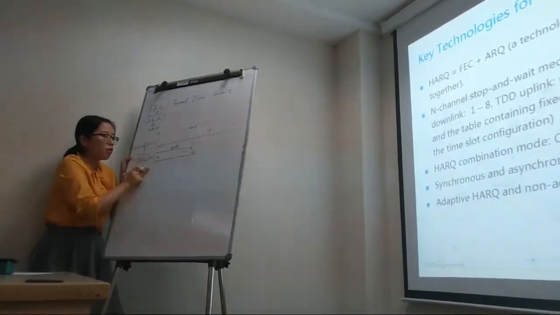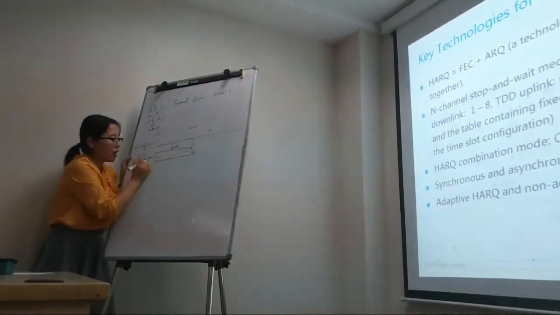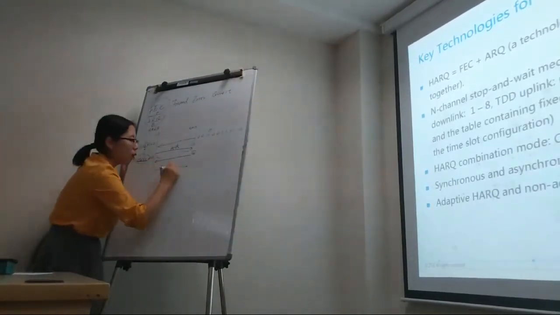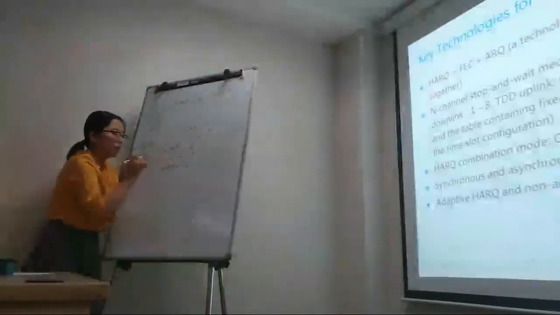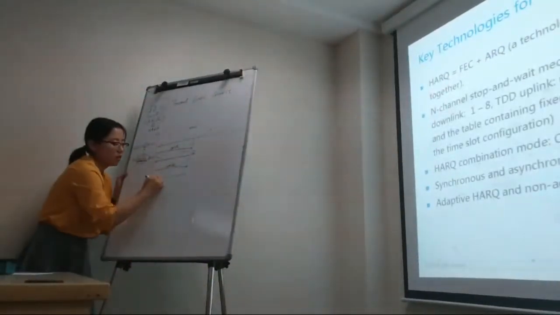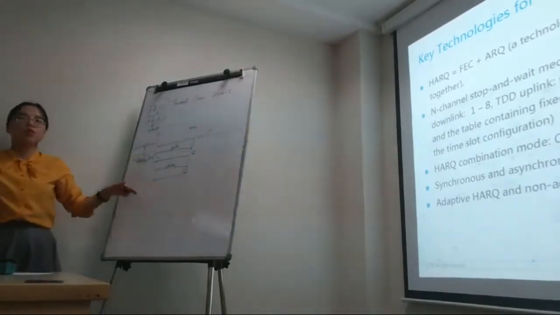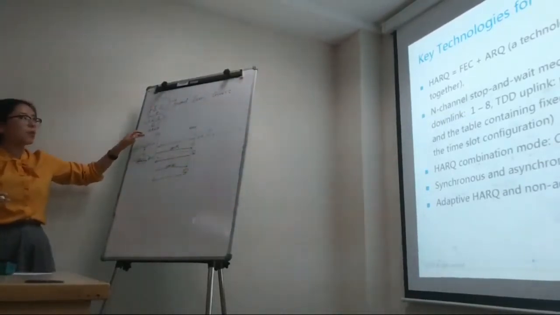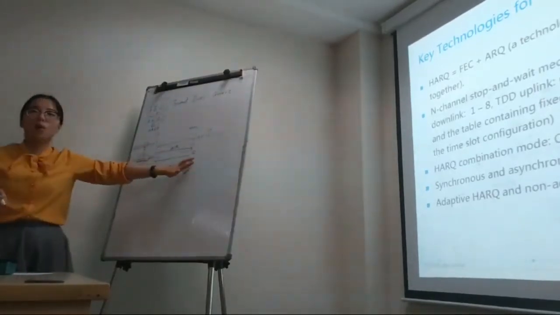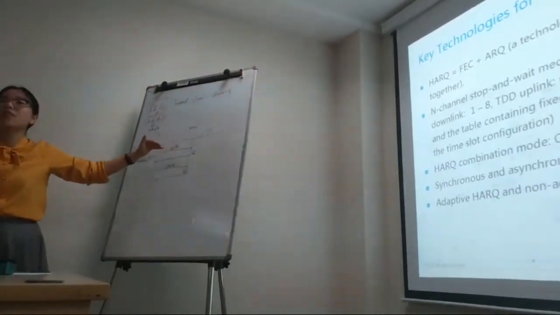When I received data 2, there is a big error and I cannot correct it, so I feedback a NACK. You retransmit. So if we use the hybrid HARQ, we can guarantee reliability and also efficiency.